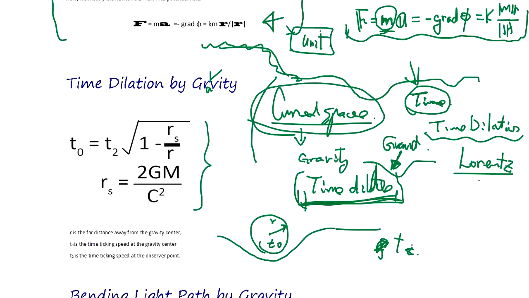So T0 is ticking much slower than the T2 observer. Okay, so this is not relative.